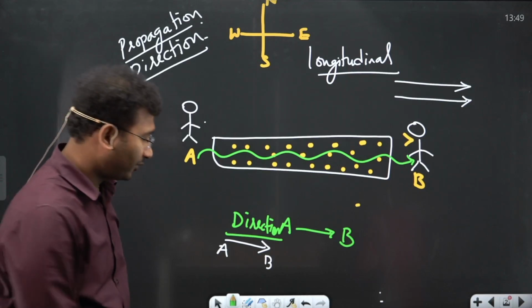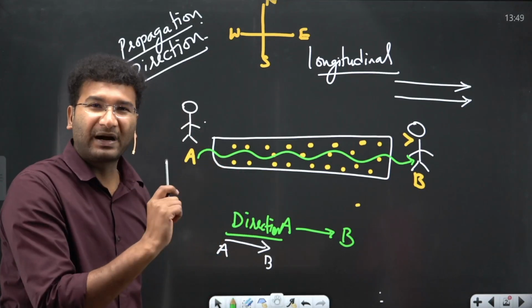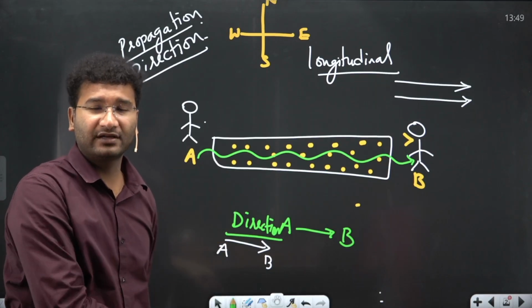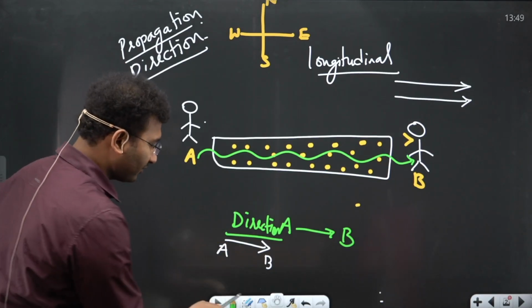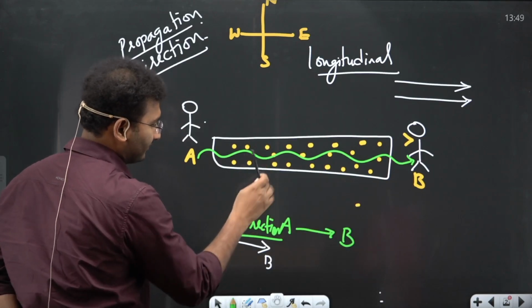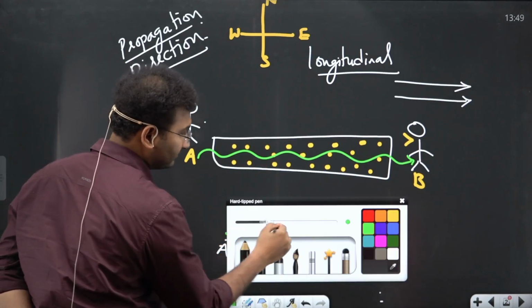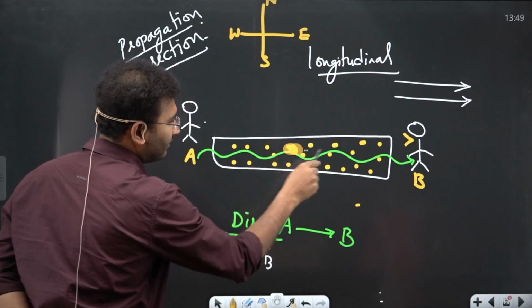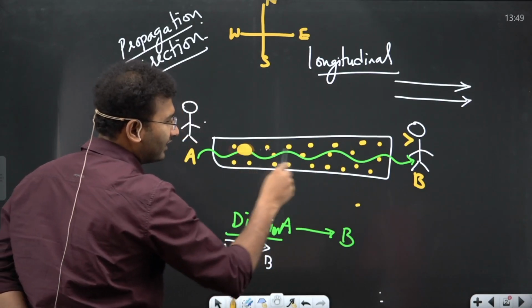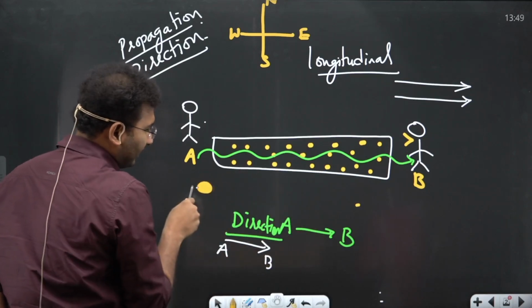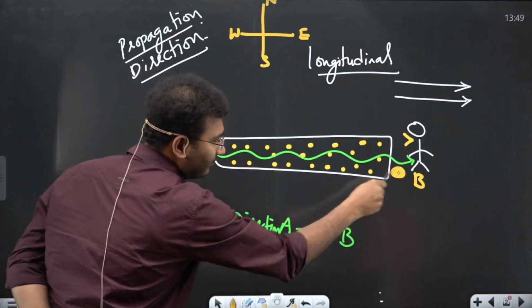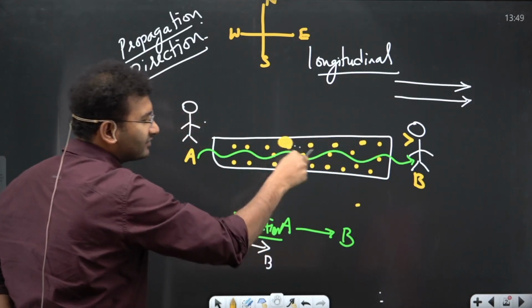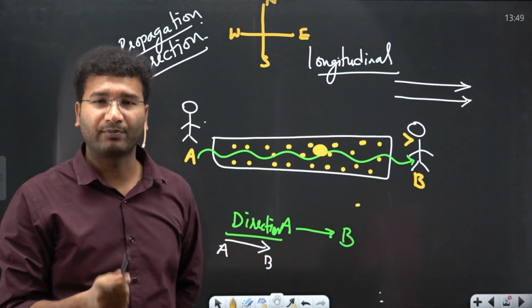What is the propagation? Propagation means how the particles move. Are they moving parallel to the direction or perpendicular to the direction? If this is a particle, let me exaggerate it, and this particle is moving in the forward and backward direction, that means A to B is the direction, and if the particle is moving forward and backward, this is called parallel propagation.